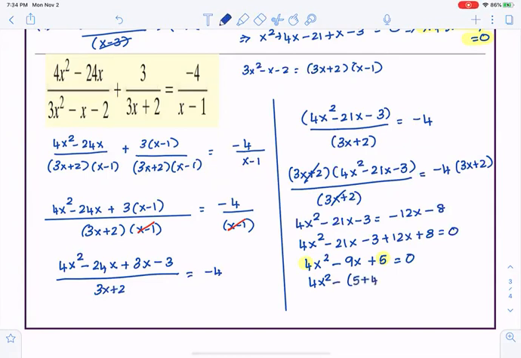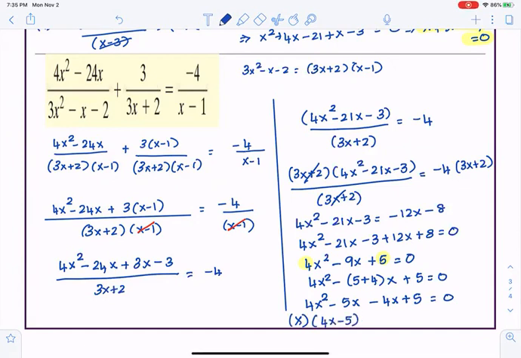So I'm going to write the 9 as 5 plus 4. Now distribute the negative. We have 4x squared minus 5x minus 4x plus 5 equals 0. From the first two terms, I could pull x out. So I'll have x multiplied by 4x minus 5.